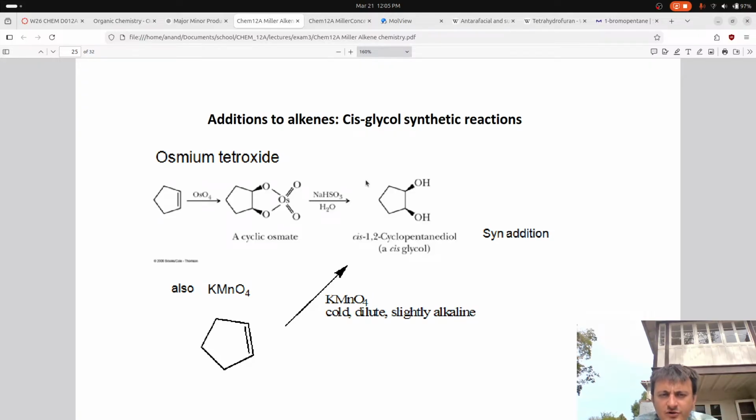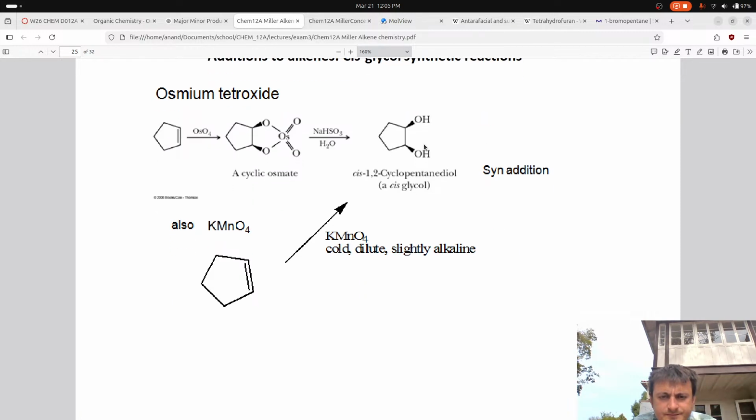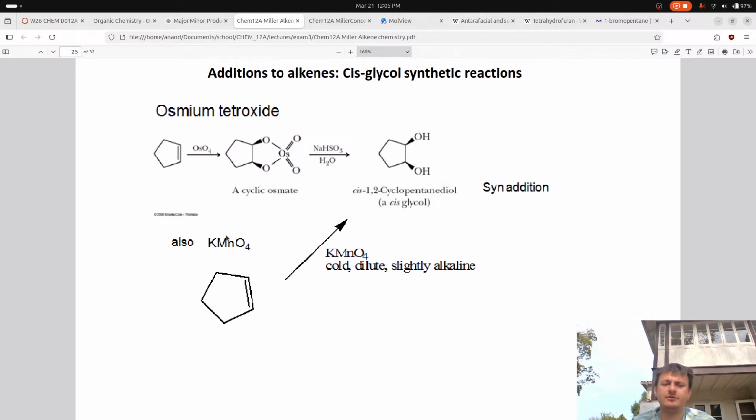Additions to alkenes. Oh wait, I need to know this one. This is for the diol. Oh yeah, we need to know this. I forgot. There's actually a lot of these to remember. Okay, so the seventh one is osmium tetroxide.